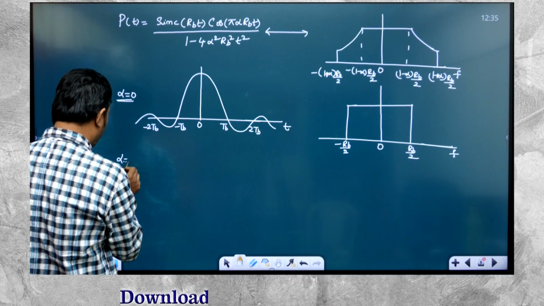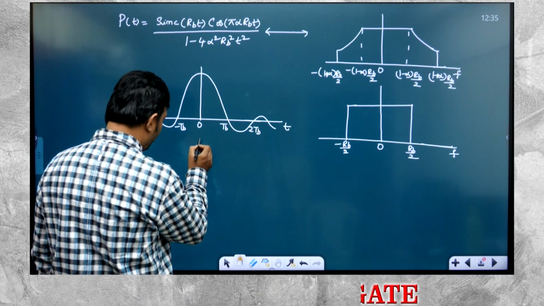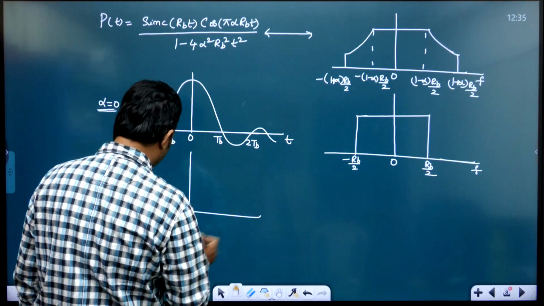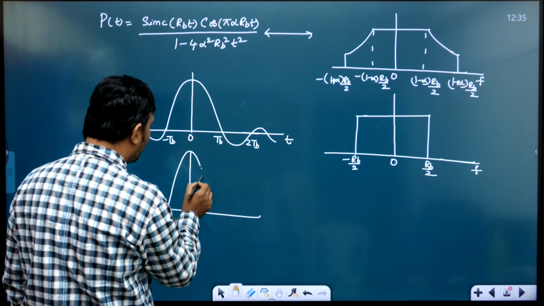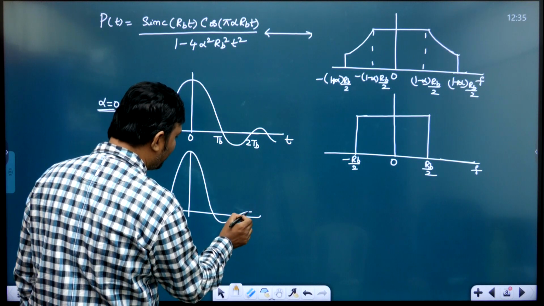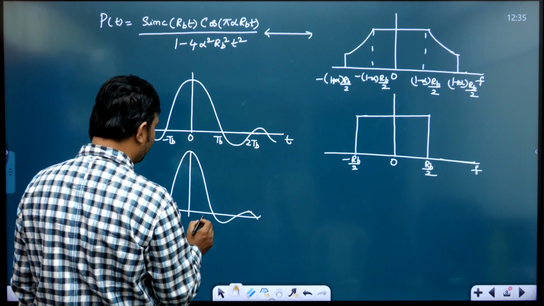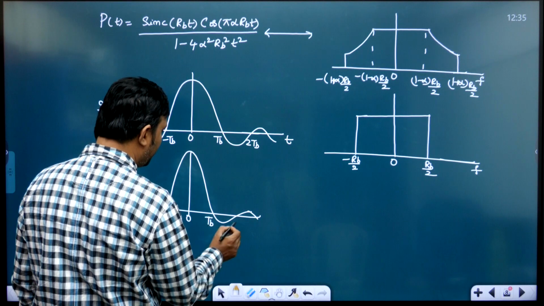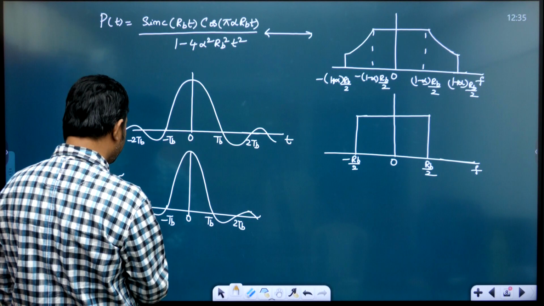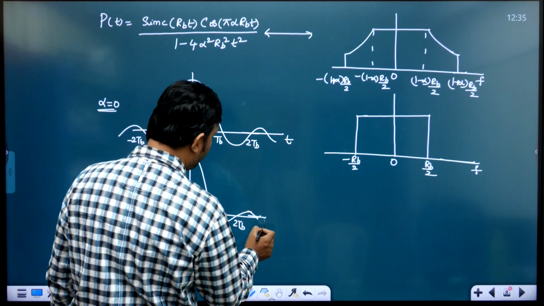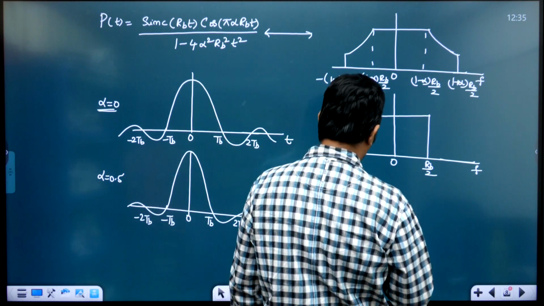Suppose alpha is equal to 0.5. Remember, if the alpha value increases from 0, the width of the main lobe decreases so the height increases, and the side lobe amplitude also decreases. This is 0, TB, 2 TB, minus TB, minus 2 TB. Now if alpha is equal to 0.5, what will happen?